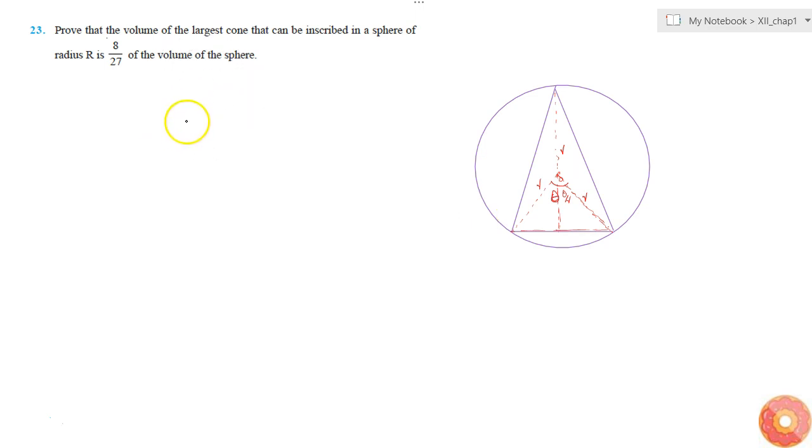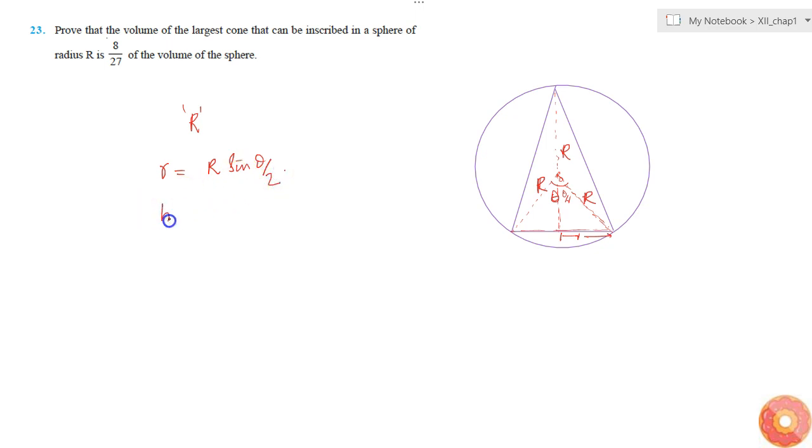So now capital R, sorry, instead of smaller it's capital R, and let's just say r is the radius of this base of the cone. Now r will be equal to capital R into sine theta by 2.